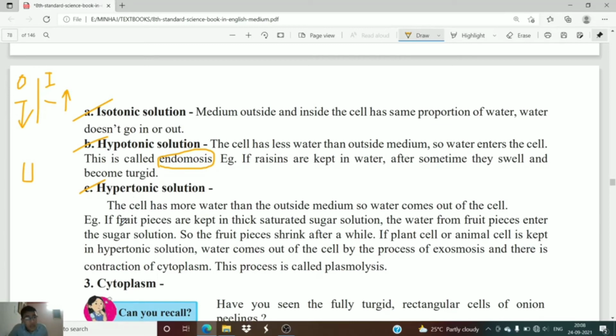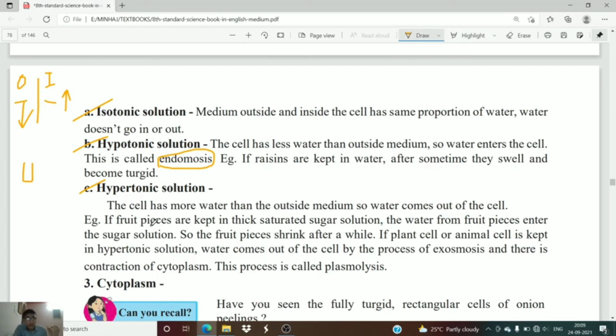An example is given here. If fruit pieces are kept in thick saturated sugar solution, the water from the fruit pieces enters the sugar solution, so the fruit pieces shrink after a while. In this case you can take a glass, put some raisins in it, and instead of water pour sugar solution.